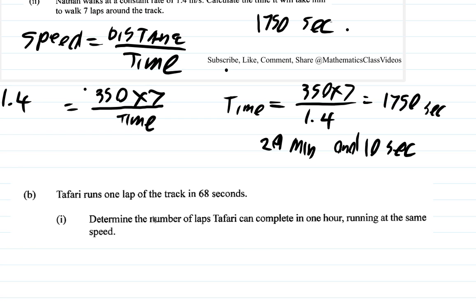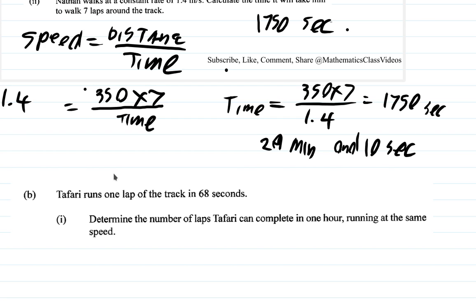And then find out now time 1 hour, which is 60 minutes. A time of 60 minutes. And you have a speed of that, whatever it is. Right? Calculate the distance in meters, which will be a long distance. And then how many 350 meters or how many laps is in that? So you divide by 350.